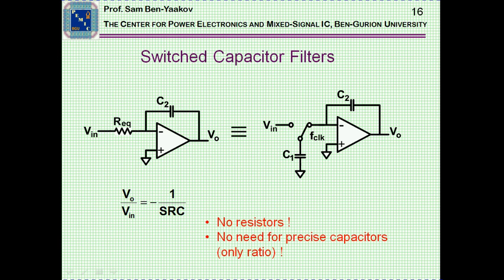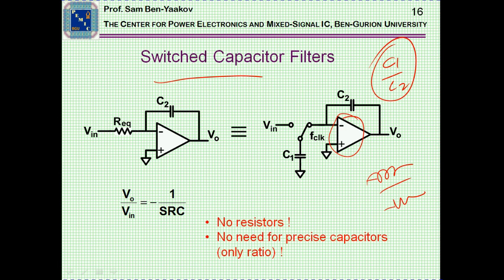Another way of building active filters is to use switch capacitors. Now the advantage of switch capacitors is that they don't include an inductor, and they don't include a resistor. They are built around an operational amplifier plus capacitors. And it turns out the transfer function is a function of ratios of capacitors, say C1 to C2.